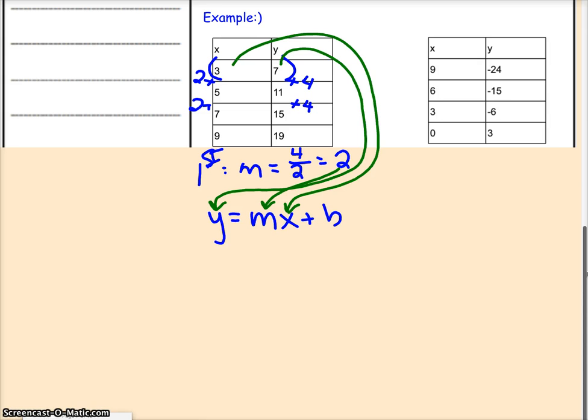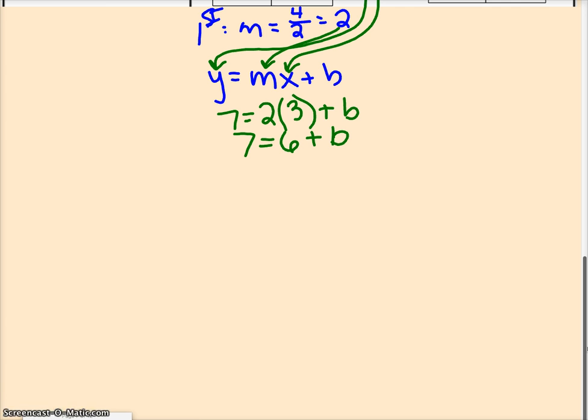So here's the plug-in. Y is 7 equals m, which is 2, times x, which is 3, plus what? 7 equals 6 plus what? So what does b need to be? 6 plus 1 is 7, so b needs to be 1.